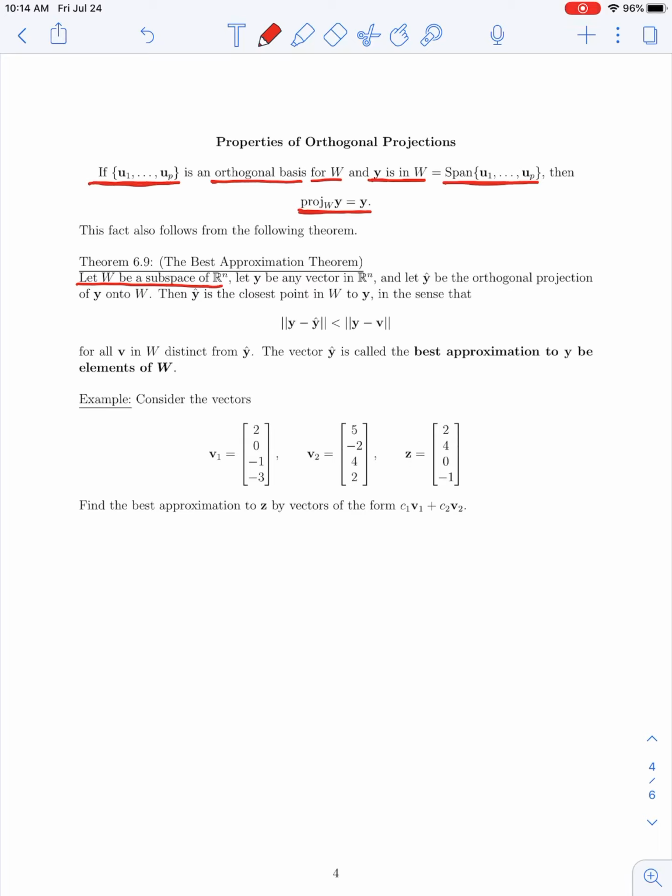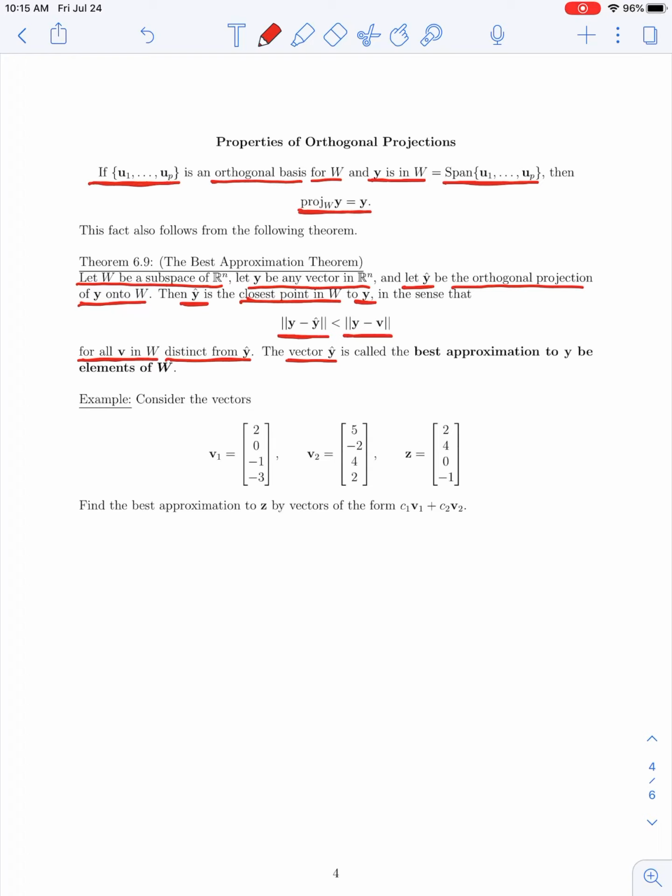If W is a subspace of Rn and y is some vector in Rn, then if we take y hat to be the orthogonal projection of y onto W, then y hat is the closest point in W to the vector y, in the sense that the distance from y to y hat, that is the length of the vector y minus y hat, is less than the distance from y to any other vector v which lies in W and is distinct from y hat itself.